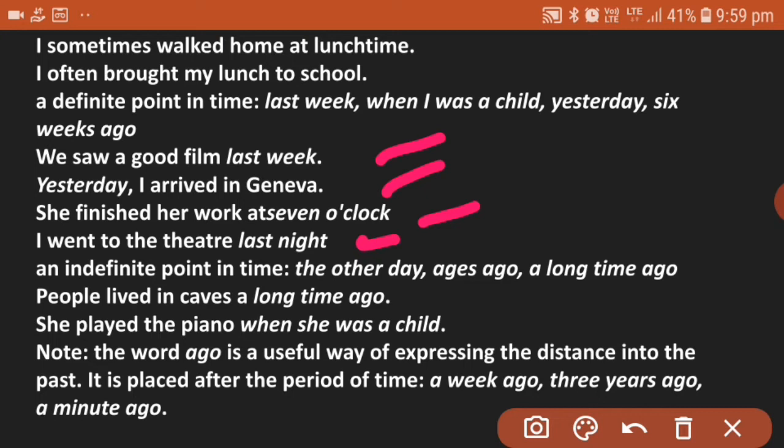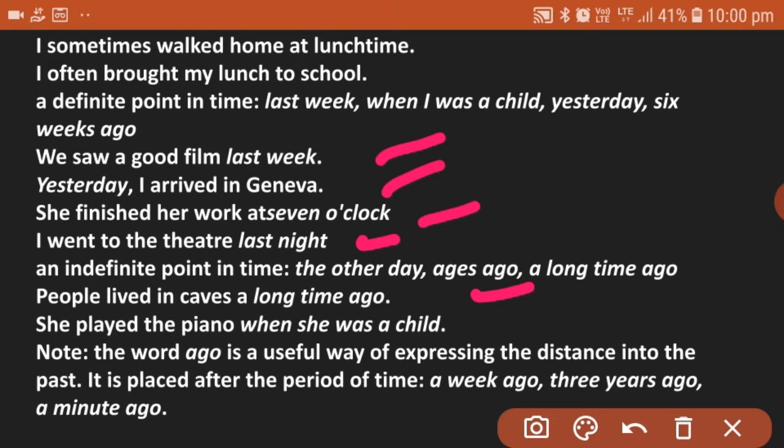Yes, students, by example you can check here. People lived in caves a long time ago. It means you know very well, in the beginning people used to live in caves because at that time there were no facilities of such type of houses.